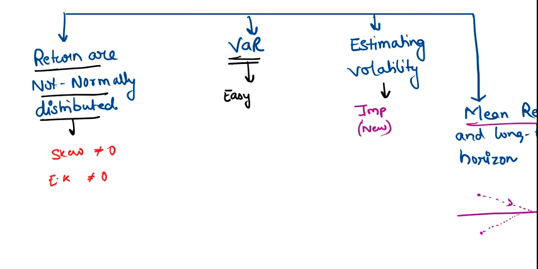Clear? When skewness is equal to 0, my data follows the normal distribution. When excess kurtosis is equal to 0, my data follows the normal distribution. Clear?